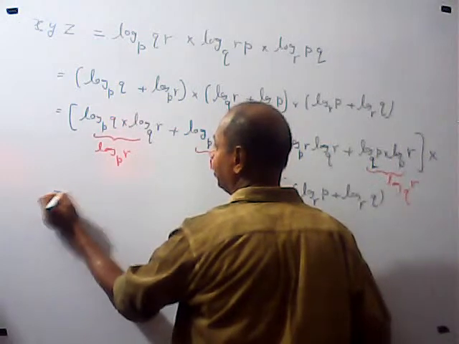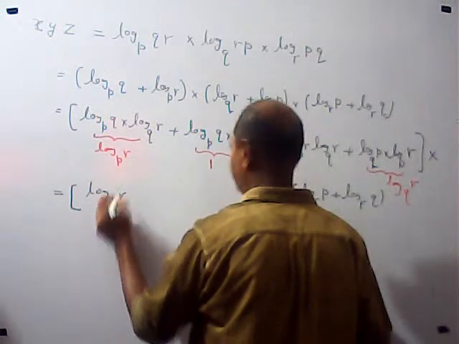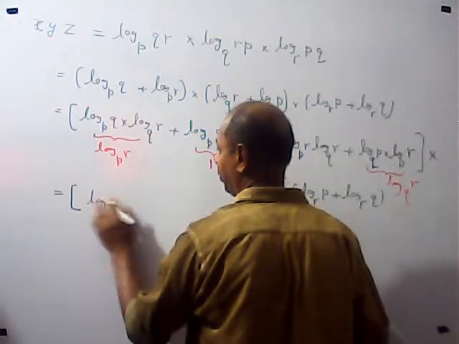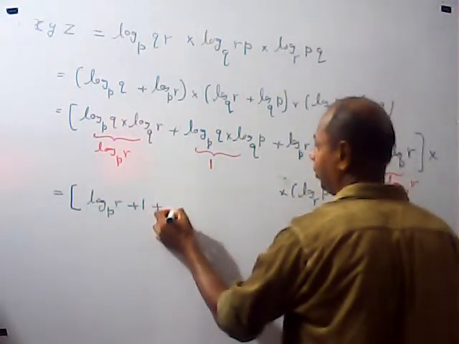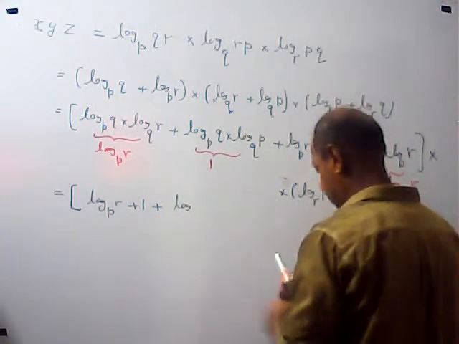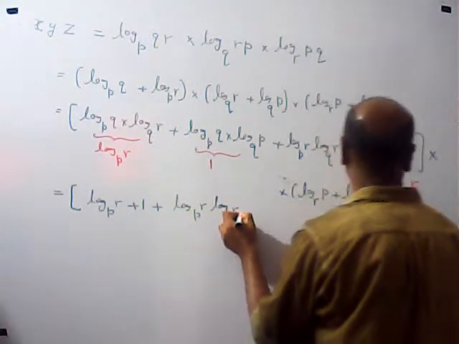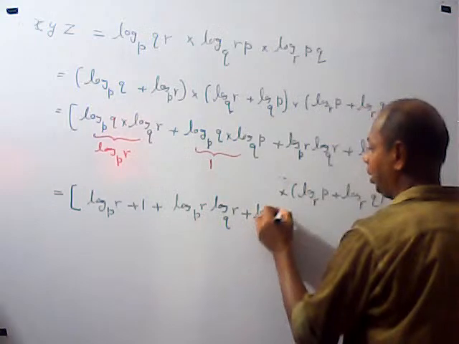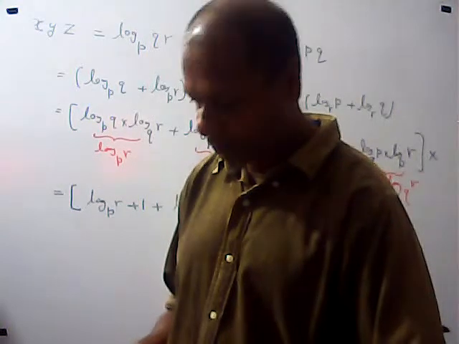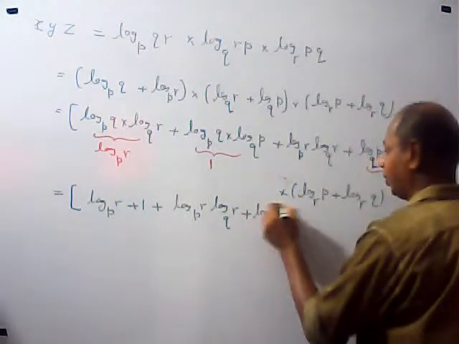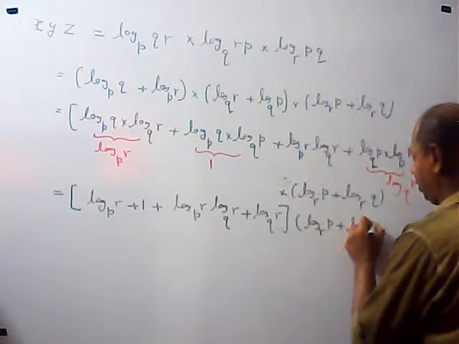We write them as log PR plus 1 plus log PR into log QR plus log QR into log RP plus log RQ.